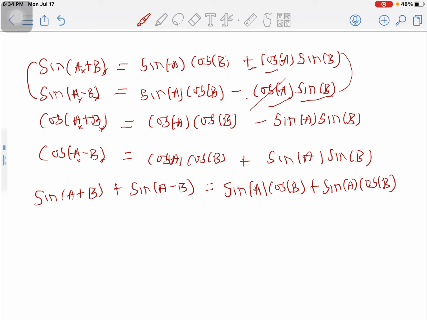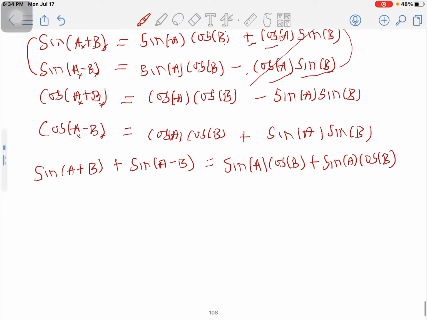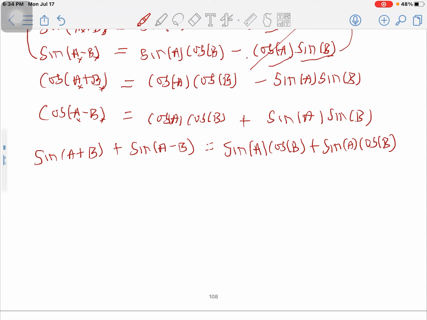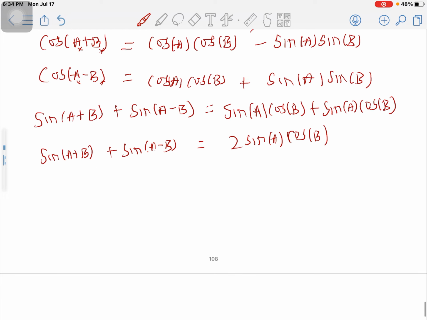And as you can see here, this cos a sine b, cos a sine b, here is positive, here is negative, it will cancel out. So when it cancels out, we are going to have sine a cos b plus sine a cos b, which is the same. So we have sine (a plus b) plus sine (a minus b) equal to 2 sine a cos b.